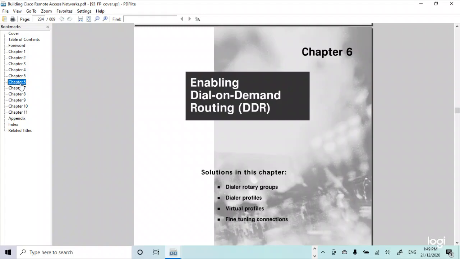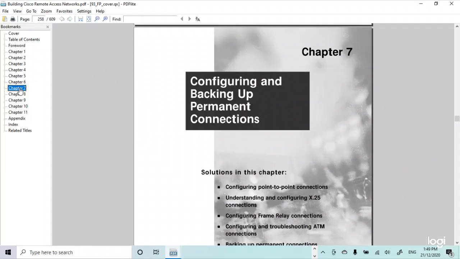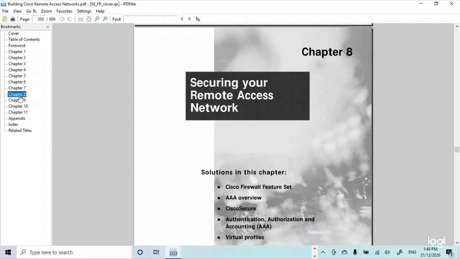In chapter 6 you can read about enabling dial on demand routing and the DDR system. In chapter 7, configuring and backing up permanent connections.